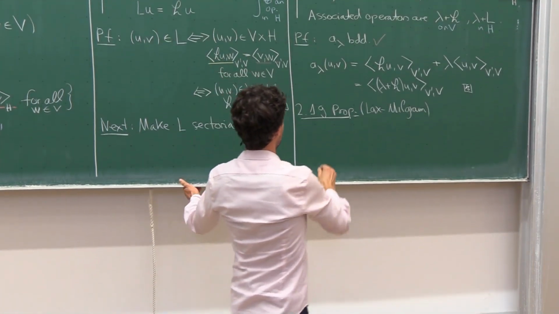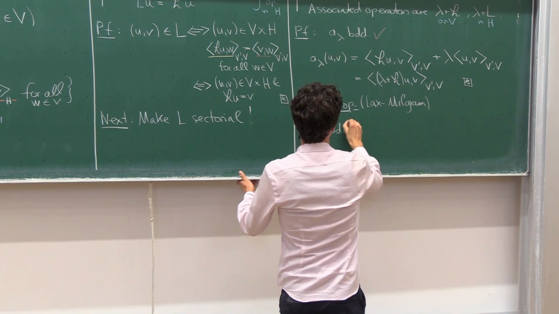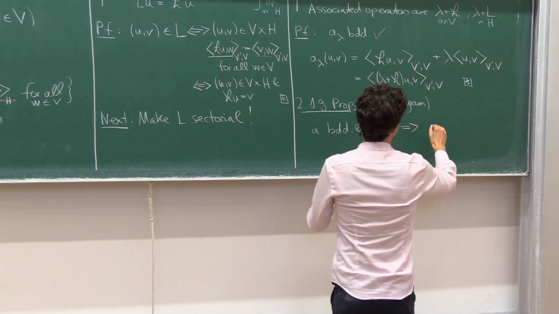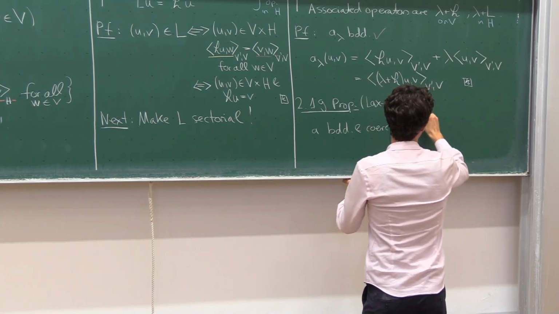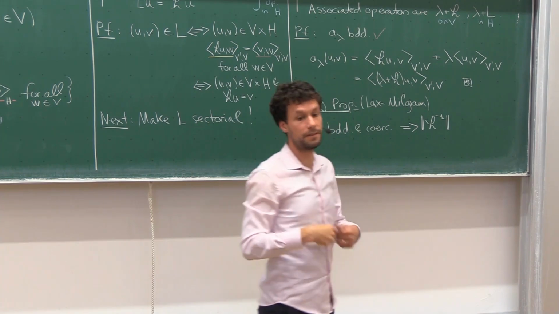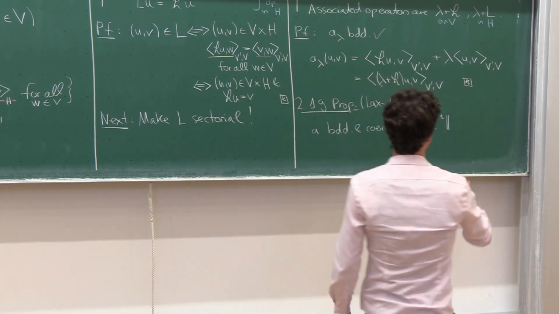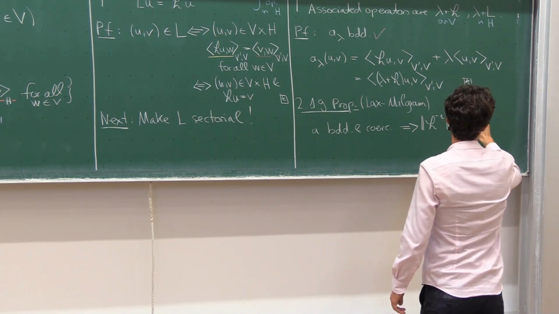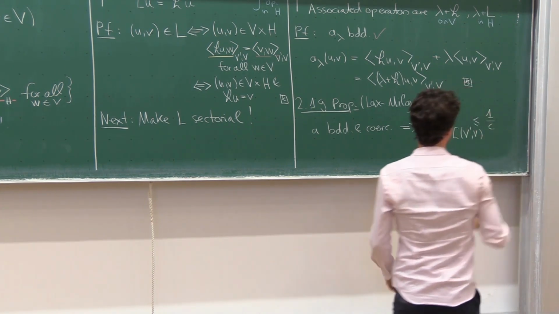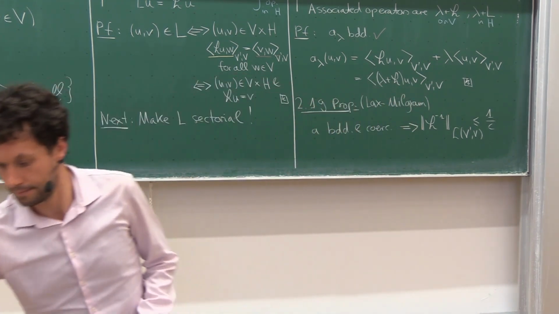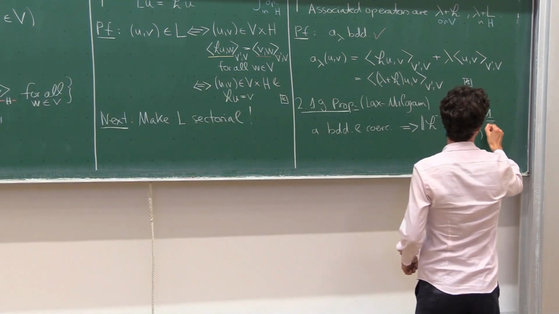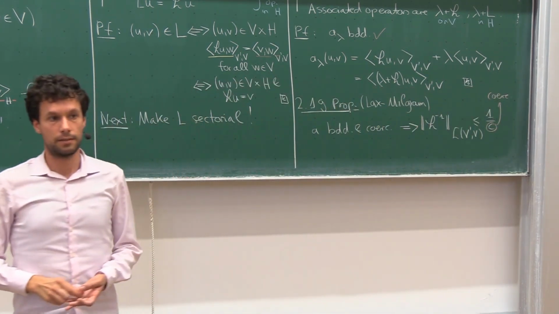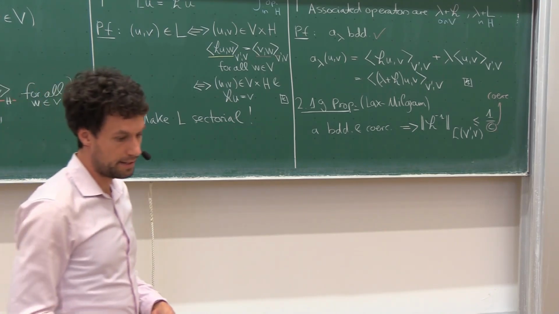And so in this language, Lax-Milgram says that if A is bounded and coercive, this implies that L is an isomorphism from V onto V prime, and you can compute the norm of the inverse, at least you can bound it from V prime to V. This goes by 1 over c, and c is the constant from coercivity. Okay, so this little c refers to coercivity. All right, so that's the Lax-Milgram lemma in this language.